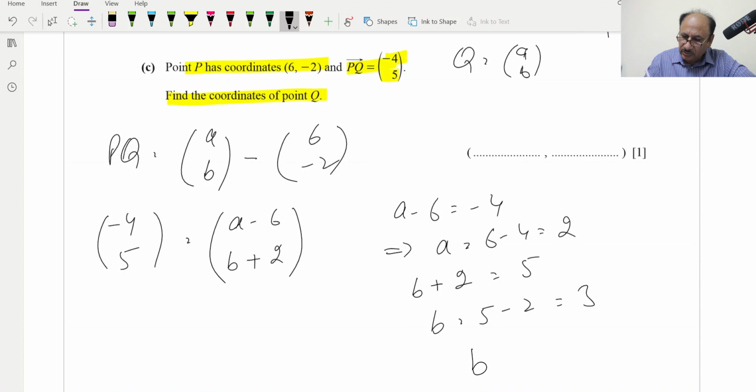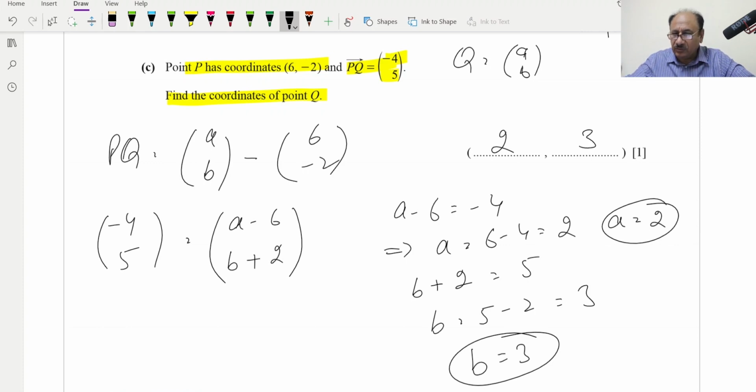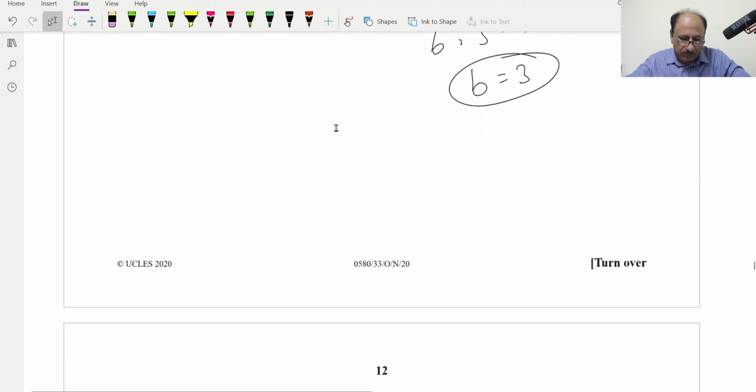So we got B is equal to 3 and A is equal to 2. So 2 and 3, these will be the values. This is a 1 mark question. I have given this working for your explanation basically. If you can directly solve, then well and good, otherwise for your understanding I have given this working.